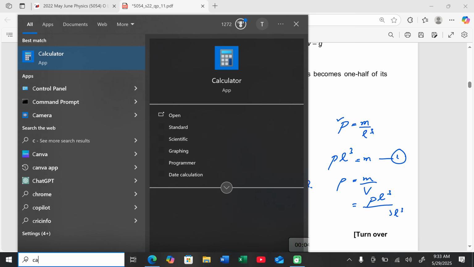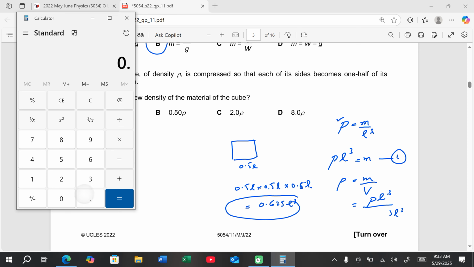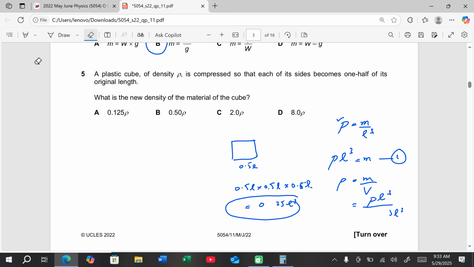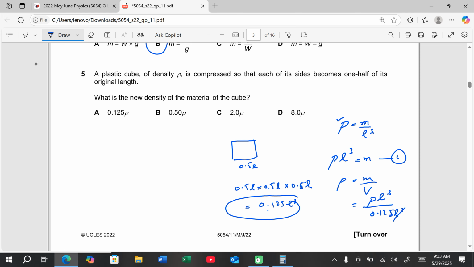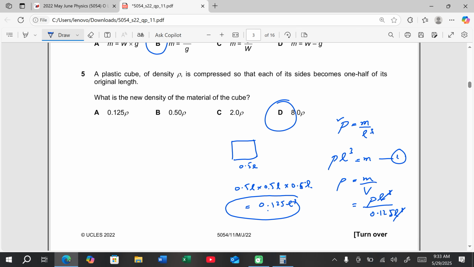Okay, there's a calculator here now. So it is 0.5 times 0.5 times 0.5, so it is 0.125. Pardon me for this, I need to rub this. This is 0.125, so L cube gets eliminated with L cube, and 1 divided by 0.125 is going to give you 8, so it will be 8 rho.